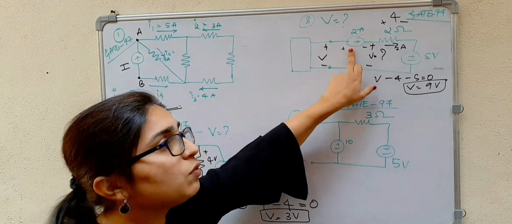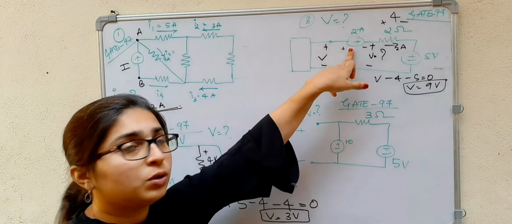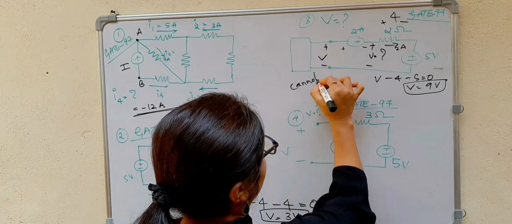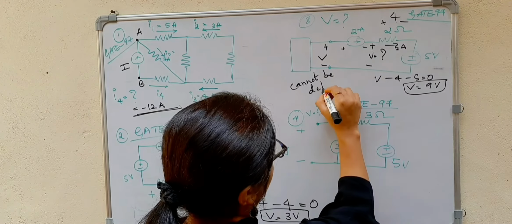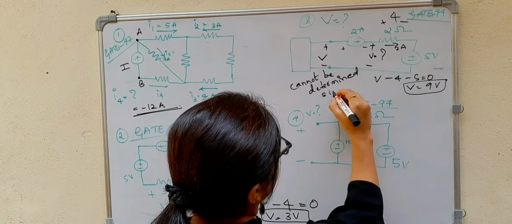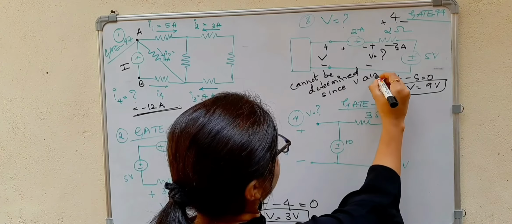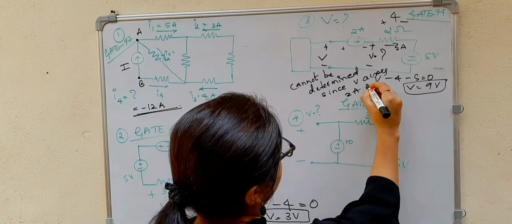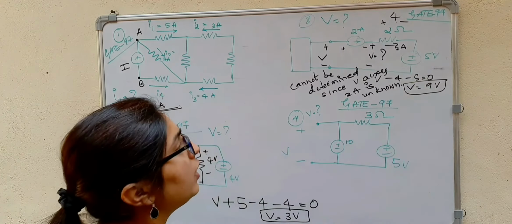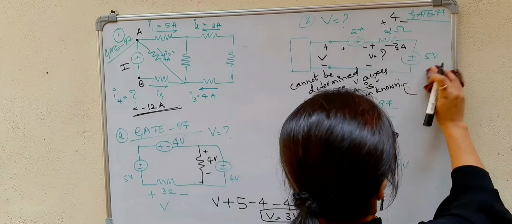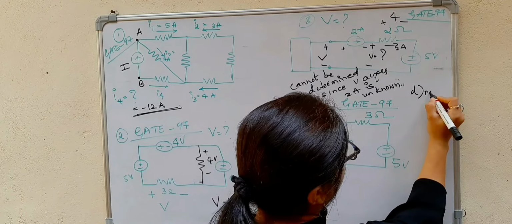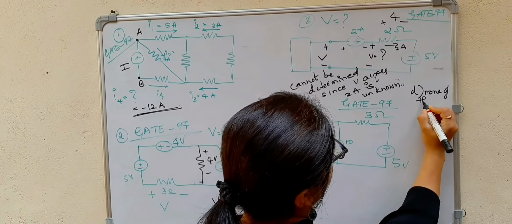But since the voltage across the 2 ampere source is not known, this voltage V cannot be determined, since the voltage across 2 ampere is unknown. So this is the answer. If the option is none of the above, that will be your answer.